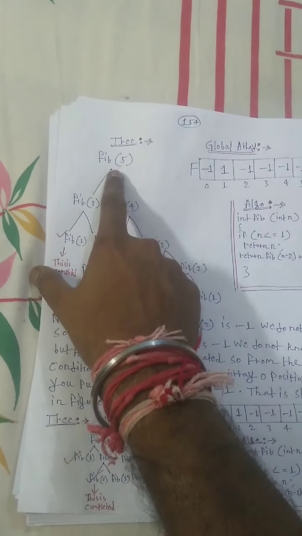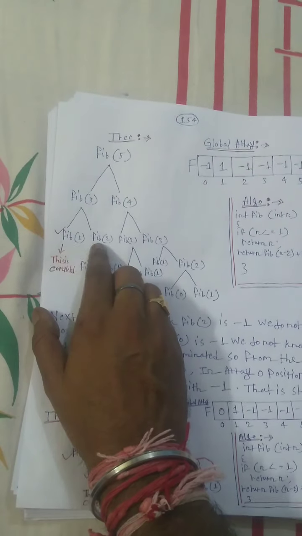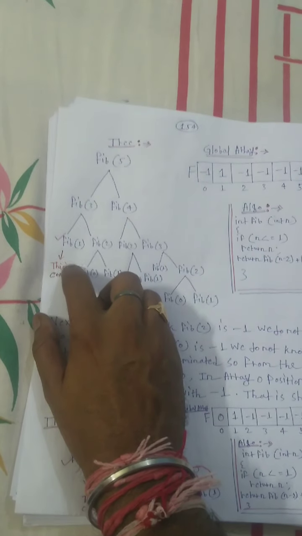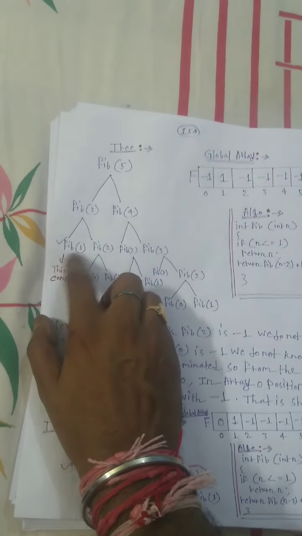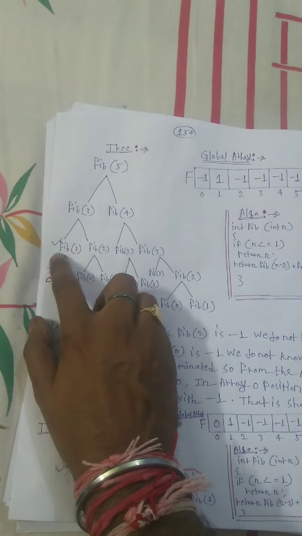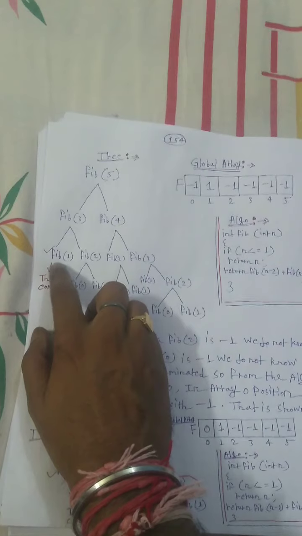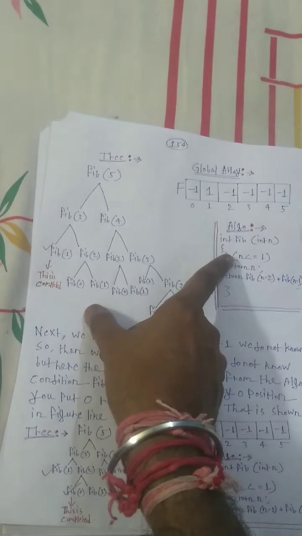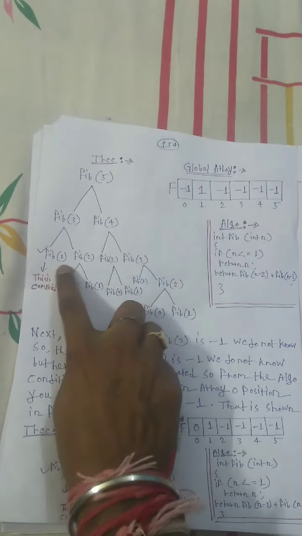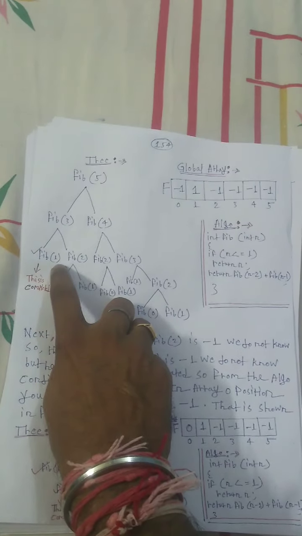Fib 5, fib 3, fib 2 we do not know, but here the branch ends. So now fib 1 is 1, and this is completed.